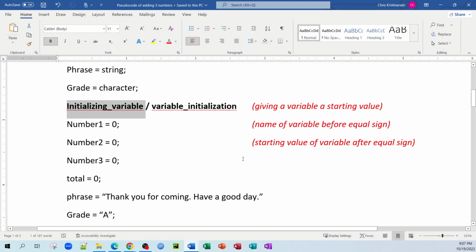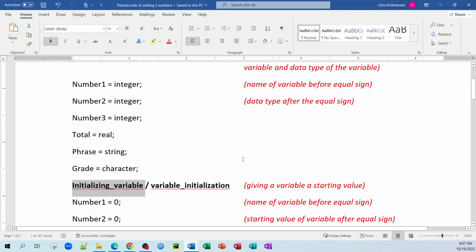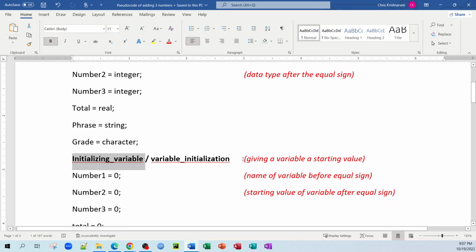And it's actually very simple. And we've actually already done it. How do you think you would create a constant?